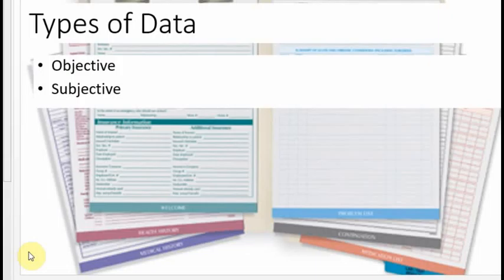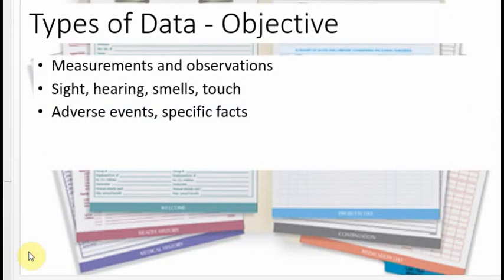Two types of data: objective and subjective. Objective data is the measurements and observations we have. There are your vital signs, what you see, your client's eyes are puffy, what's broken bones, where's the blood. But it also involves sight, hearing, smells, and touch. So you can feel things, smell things.